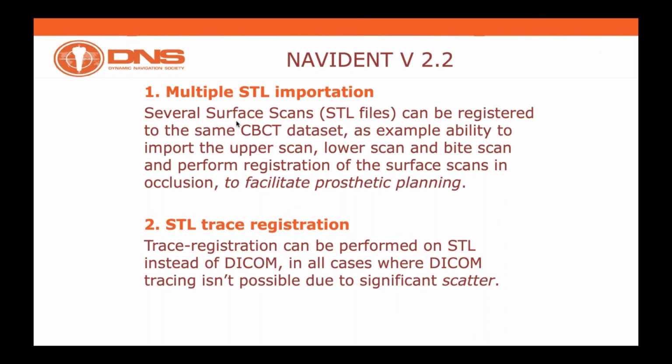Then the other feature which I will dwell upon is the STL-Trace Registration. For those who are not familiar with Navident, one of the key features of Navident from a technical standpoint is the opportunity to register the anatomy of the patient without having the patient wearing any marker at the time of the CBCT, but being capable to register the dataset and the anatomy of the patient straight on the software.